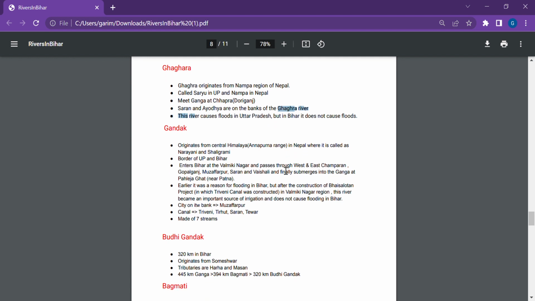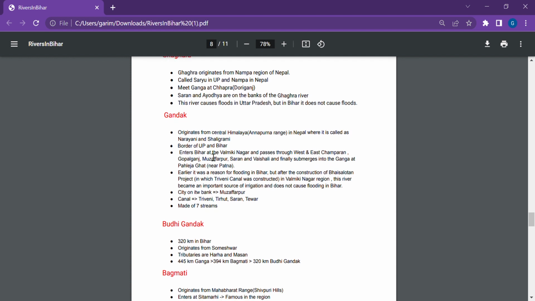Next one is the Gandak river. It originates from the central Himalaya, and specifically from the Annapurna range of central Himalaya in Nepal, and it is called Narayani and Shaligrami. Why Shaligrami? Because it contains a very important category of stones known as Shaligram stones, which are considered very auspicious or pure by Hindus.